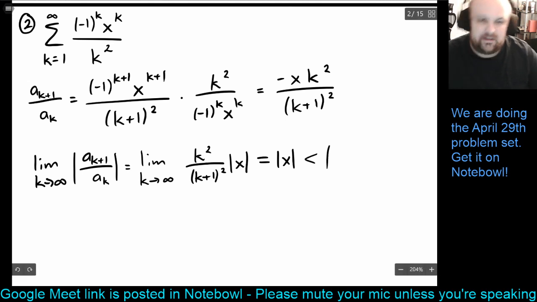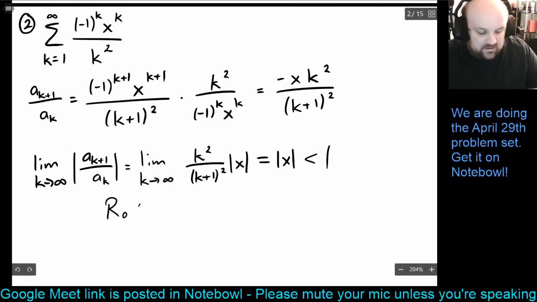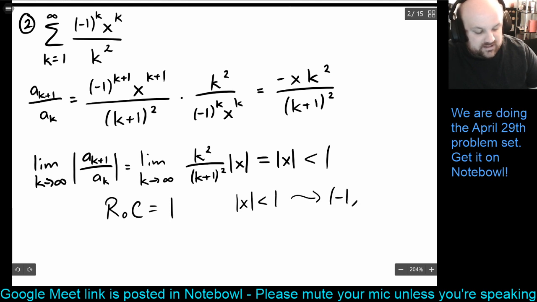And again, we need to force that less than 1. So, this says that the radius of convergence is 1 again. And this inequality tells us the same interval, -1 to 1.